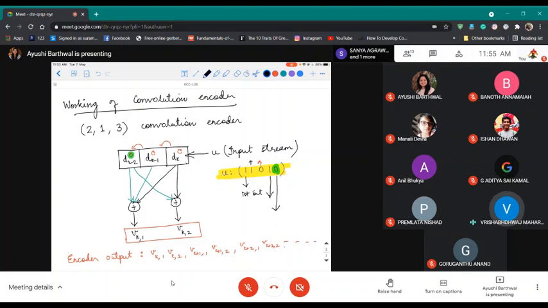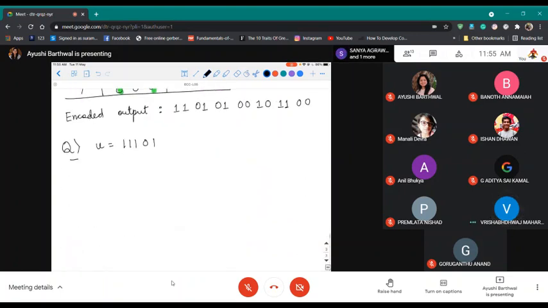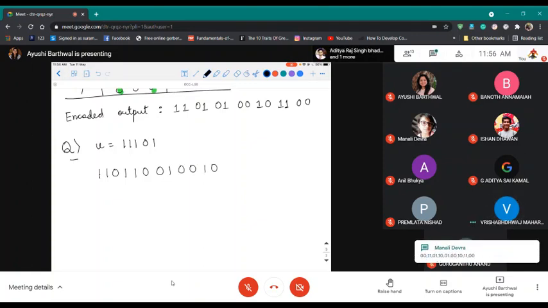Ma'am, the input is 11101, right? Yeah, right. Input is 11101. Ma'am, the encoded output is coming out to be 1101 10 0100 110. Let me write it down: 1101 01 10 10, 01 01 00 00 10 10, 11 and 00.